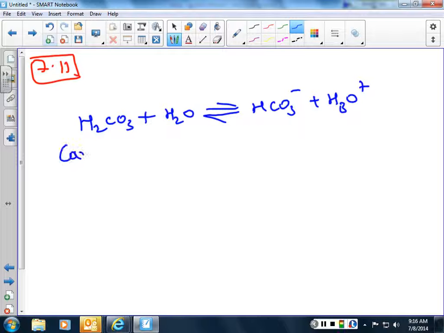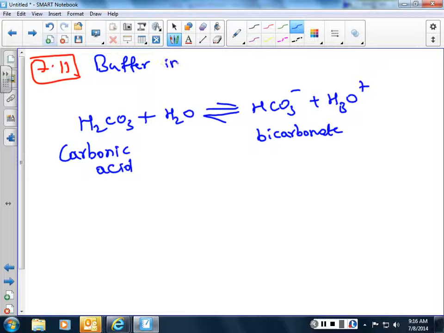So carbonic acid, this is bicarbonate. This is the buffer in our body, carbonic acid and bicarbonate.